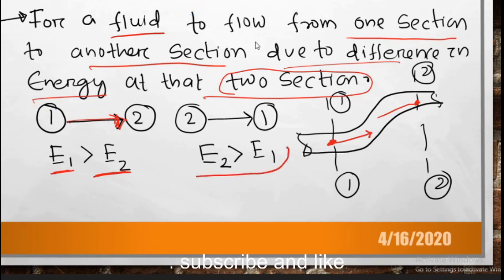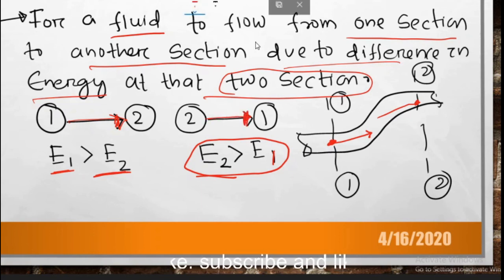Similarly, if the total energy at section 2 is greater than the total energy at section 1, then the fluid will flow from section 2 to section 1. So basically, we have to remember that the fluid flows from one section to another when there is a difference in total energy.